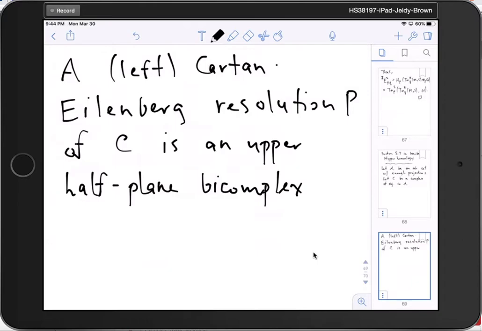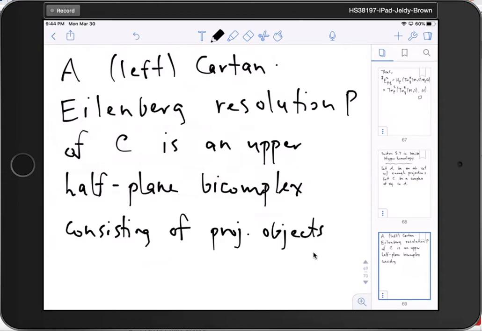By that I just mean a bicomplex that's concentrated in the upper half plane. So all of the entries below the x-axis are 0, or not the x-axis, but the p-axis, I guess. Consisting of projective objects in A.